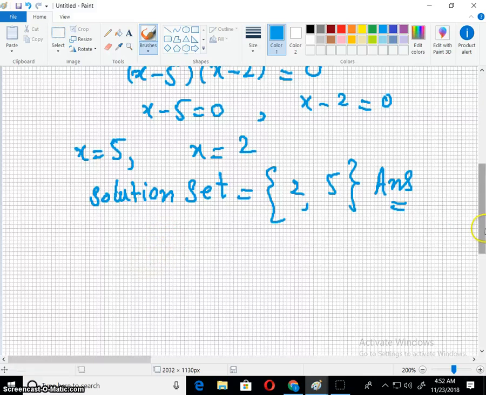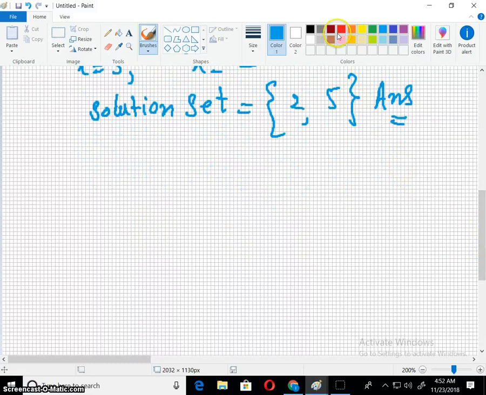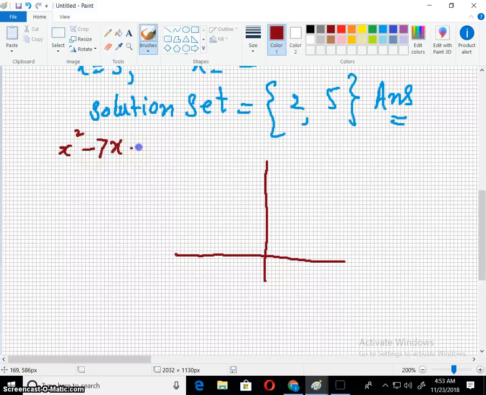By the way, we can also solve the same question using another technique. Alternate method. I had the question x square minus 7x plus 10 equal to 0.